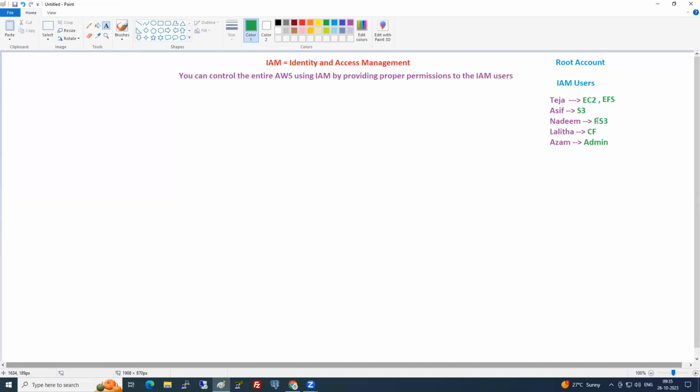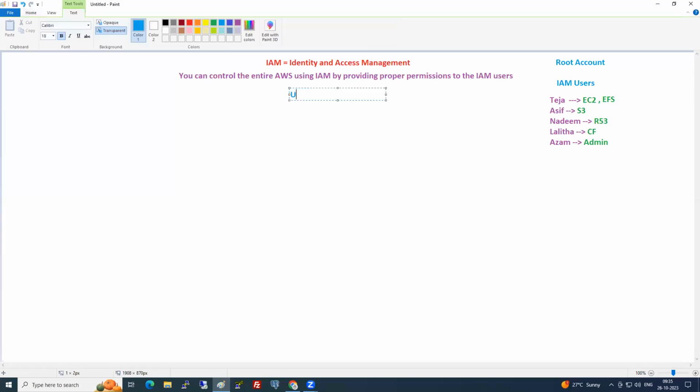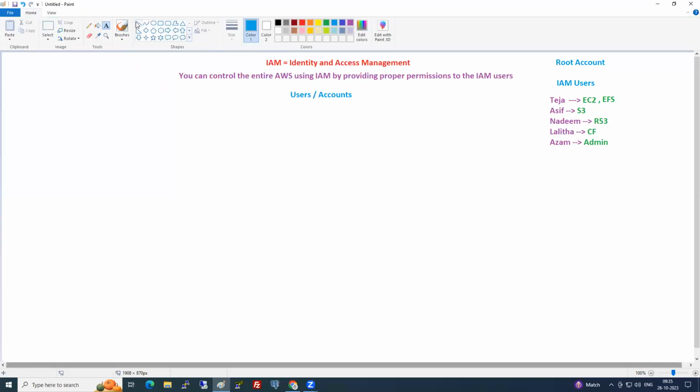Is everyone clear till here? So it's all about the permissions. There are two types of users or two types of accounts. What are those two? Root and IAM.